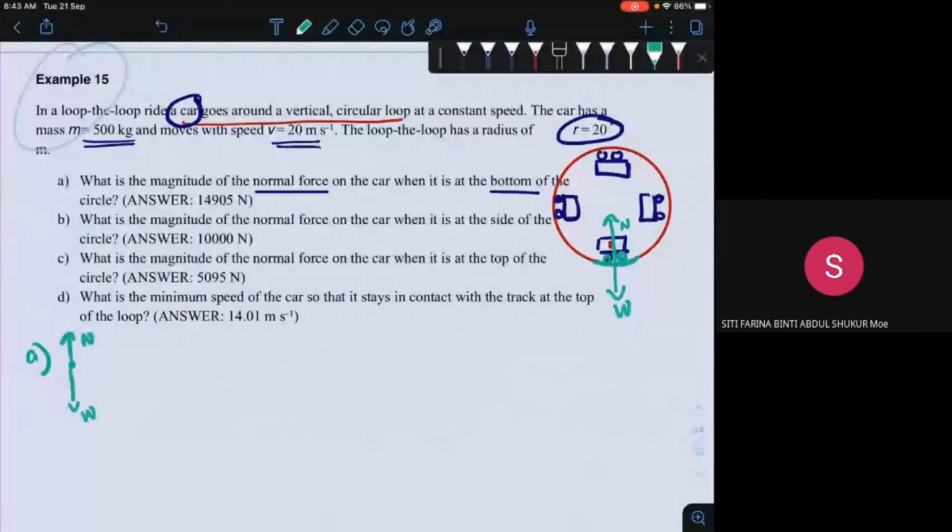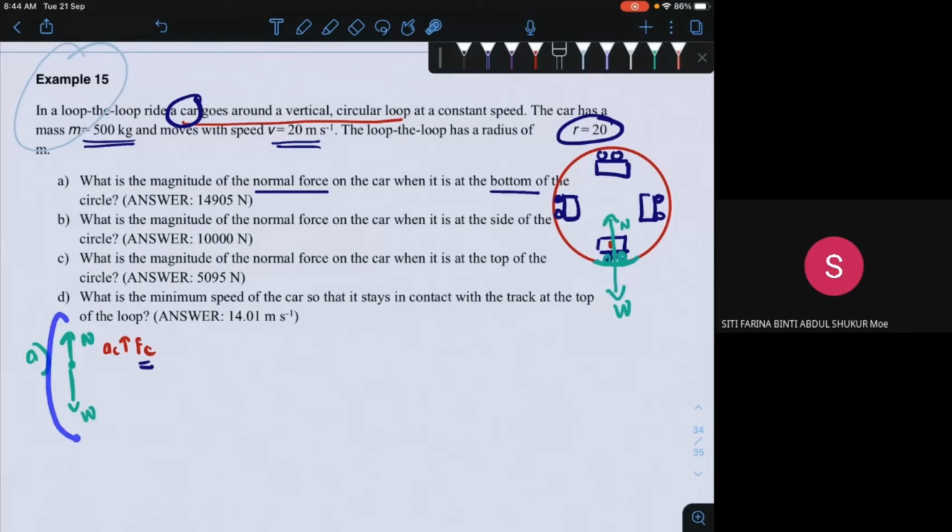You have these two forces and your centripetal acceleration adalah ke atas, maka centripetal force pun ke atas. Alright, sebab kamu berada dekat bottom sekarang. You are making a circle, so your AC ke atas, center of the circle. So the question asks what is the normal force here. So the forces that contribute to FC adalah forces along Y component sekarang.